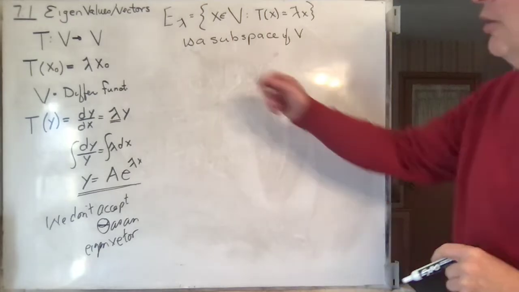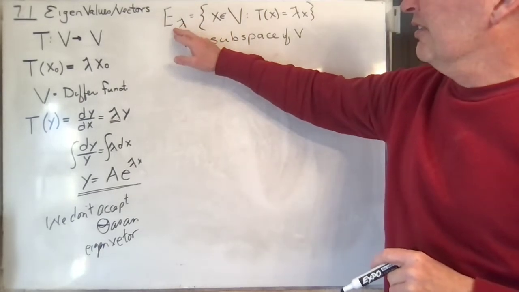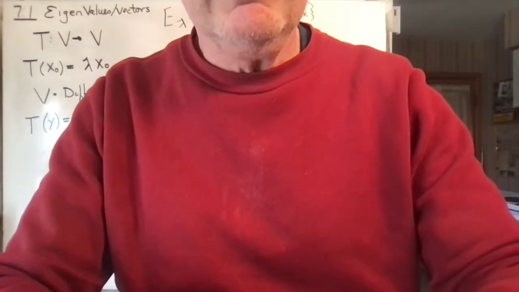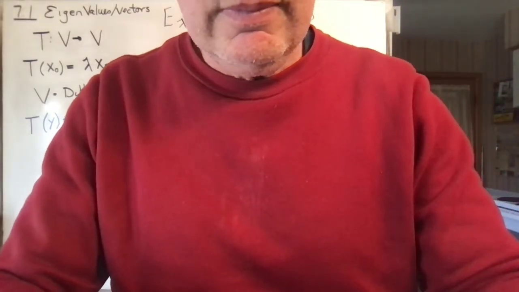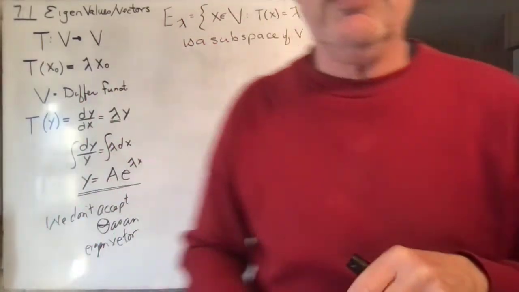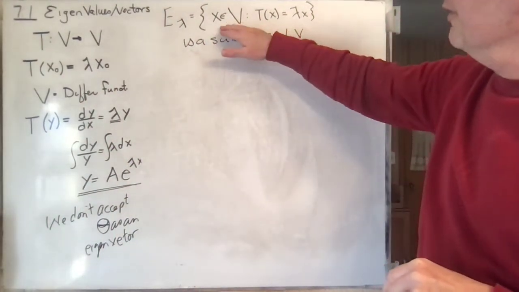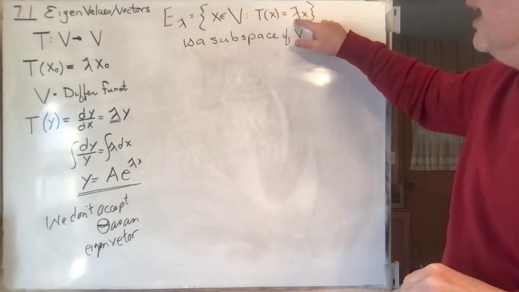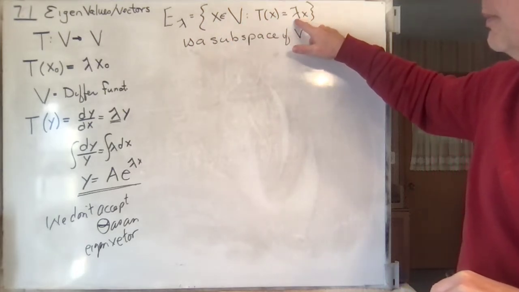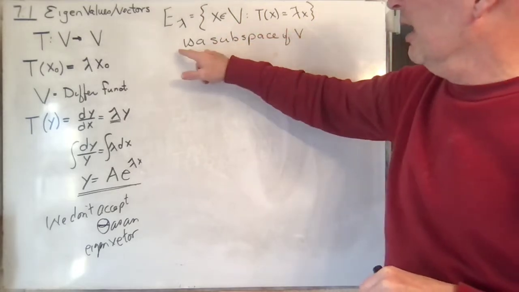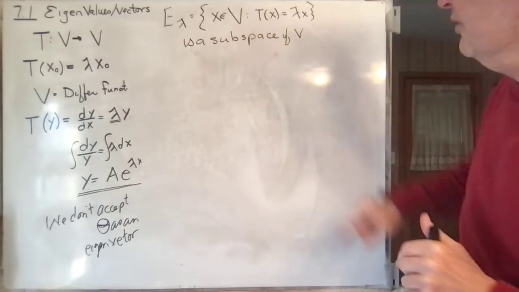Okay, what's this saying? Let me make sure you're still with me here. Okay, good. It says I collect all the different vectors for which lambda is an eigenvalue. I collect all those things together, and that's a subspace of V.